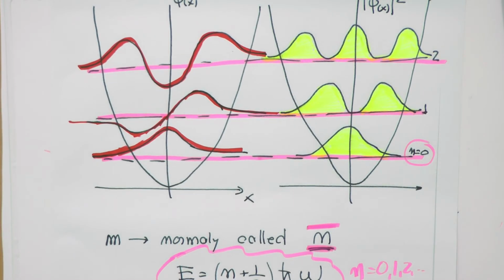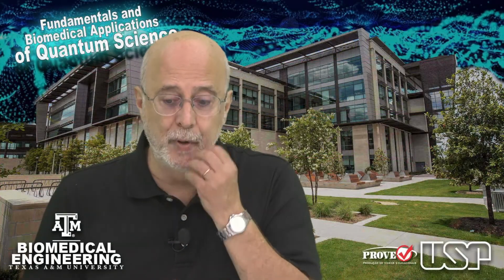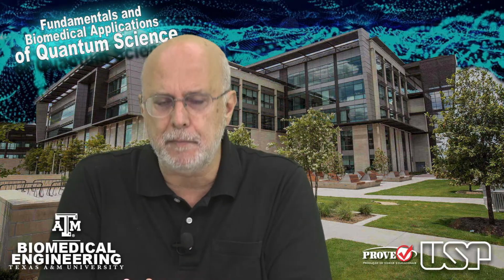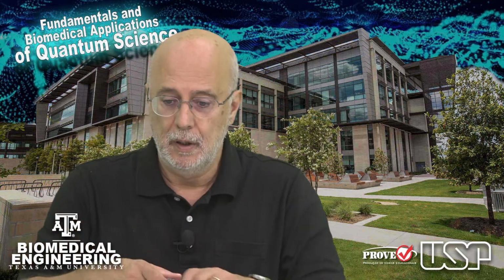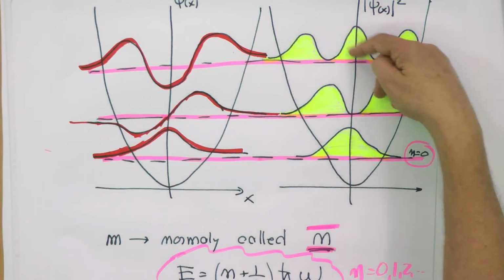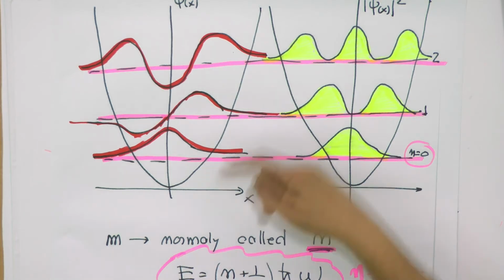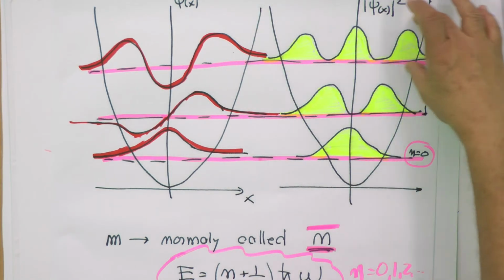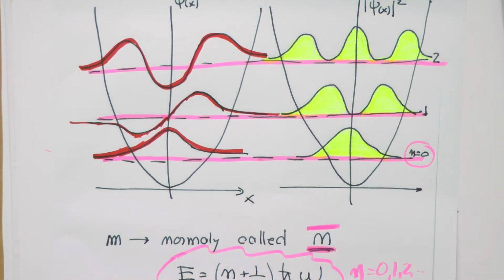And they look very nicely distributed. If you go to a very high n, with many h bar omega of energy, this will have so many oscillations that you can almost see a continuum of probability, which is going to the classical limit.